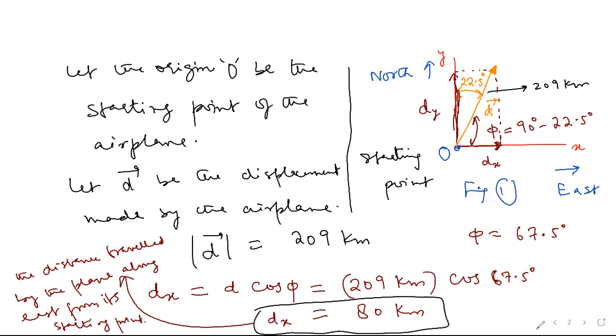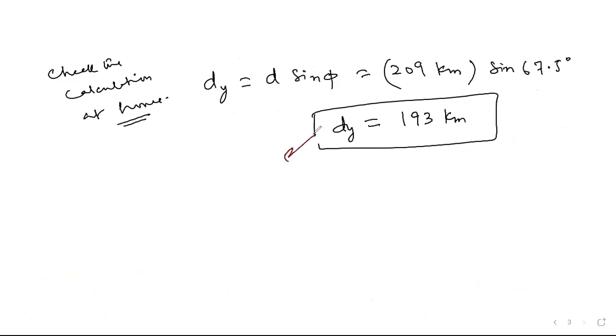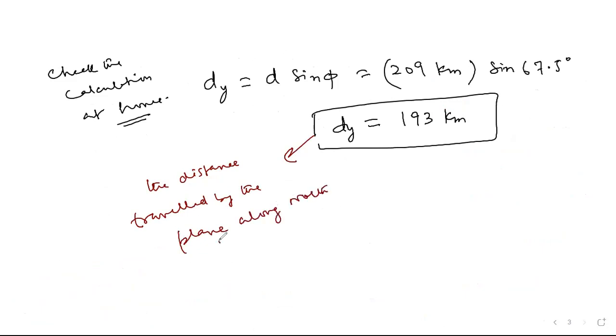And dy is the distance traveled by the plane along north from its starting point.